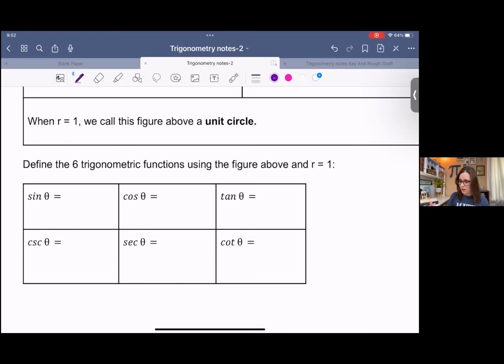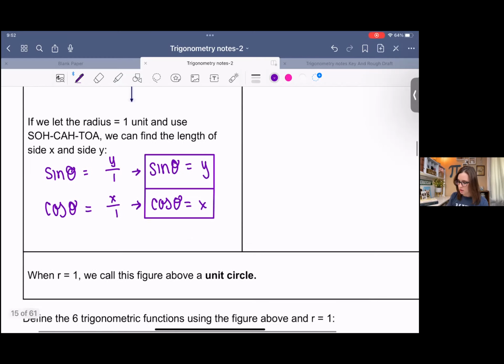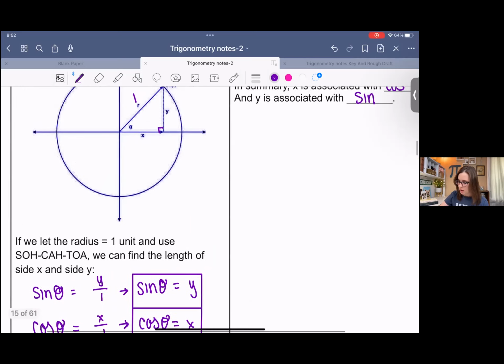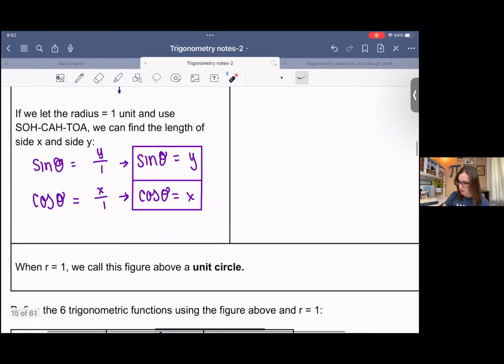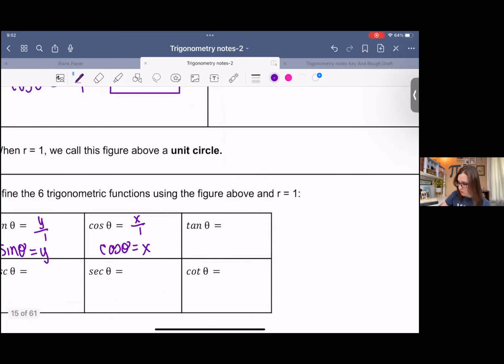We know that sine equals Y over 1 or just Y. And we know that cosine equals X over 1 or just X. Tangent is TOA. So TOA, if I were to go up here, is opposite over adjacent. So that's going to be Y over X.